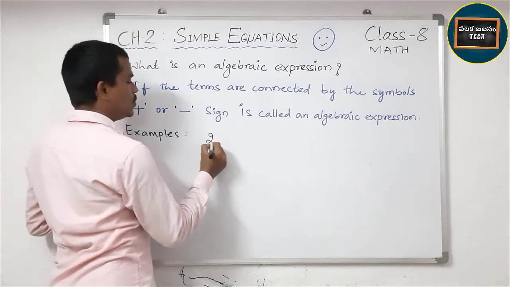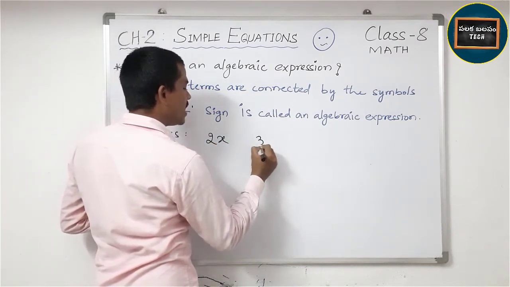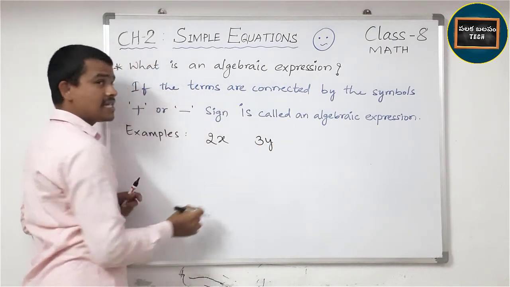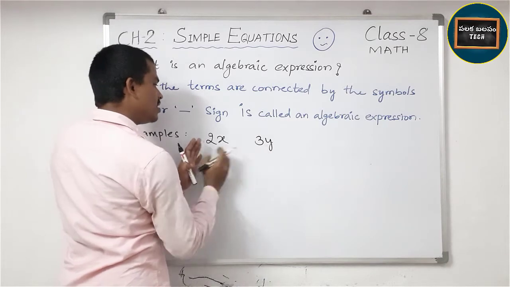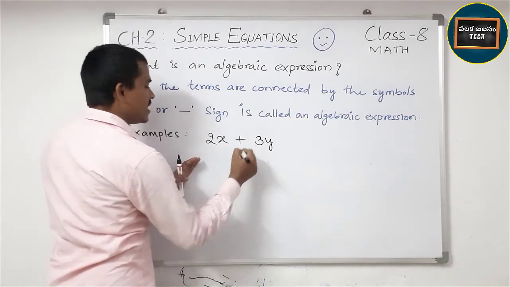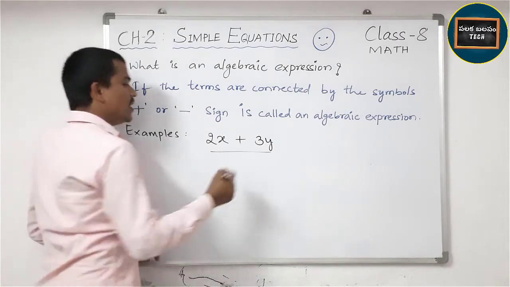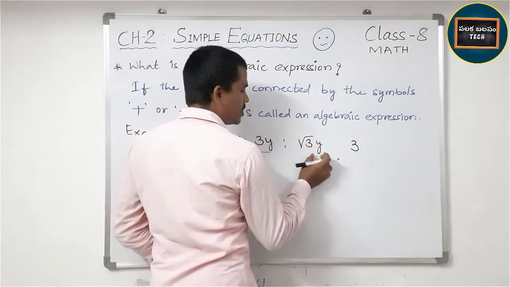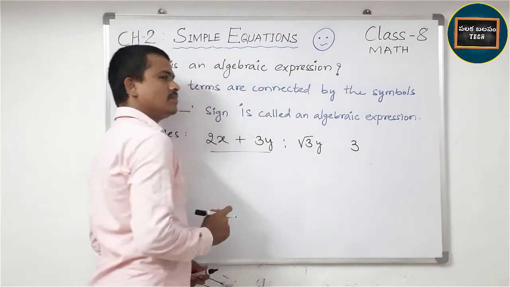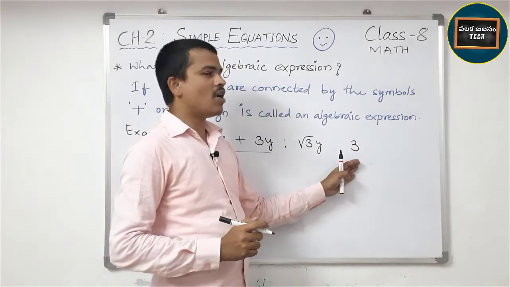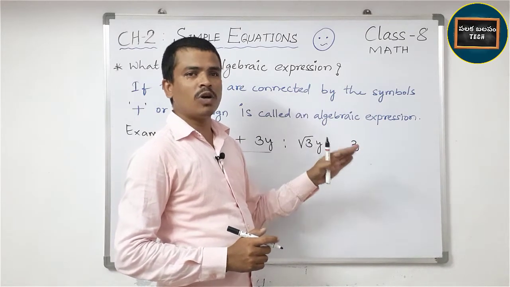Here 2x is a term, and I am taking one more term, 3y. These two are called as the terms. I am going to connect these two terms with a plus sign. So it is called as an algebraic expression. Now let us take one more example. Root 3y is a term and 3 is also a term. How is 3 considered as a term? Because 3 is a constant. Every constant is called a term and every variable is also called a term only.